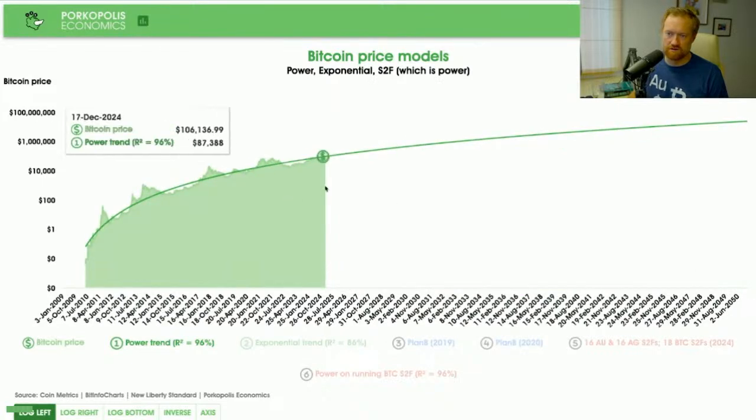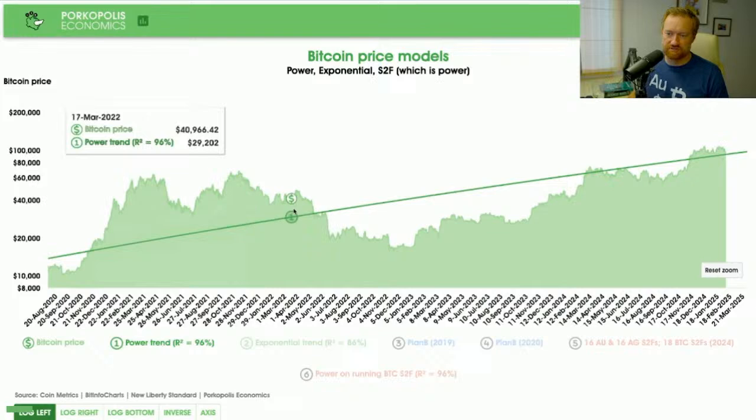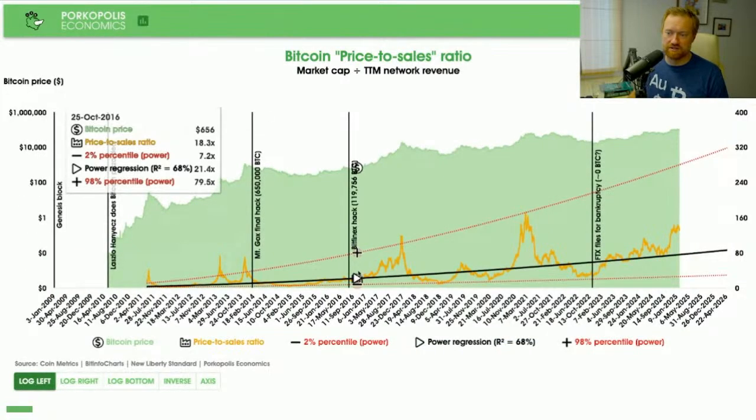Getting above the power curve is usually hot. Let's go back to the PSR. It seems that we spend more time over it here, specifically with the puking that we had in the end of 2022 and in 2023.